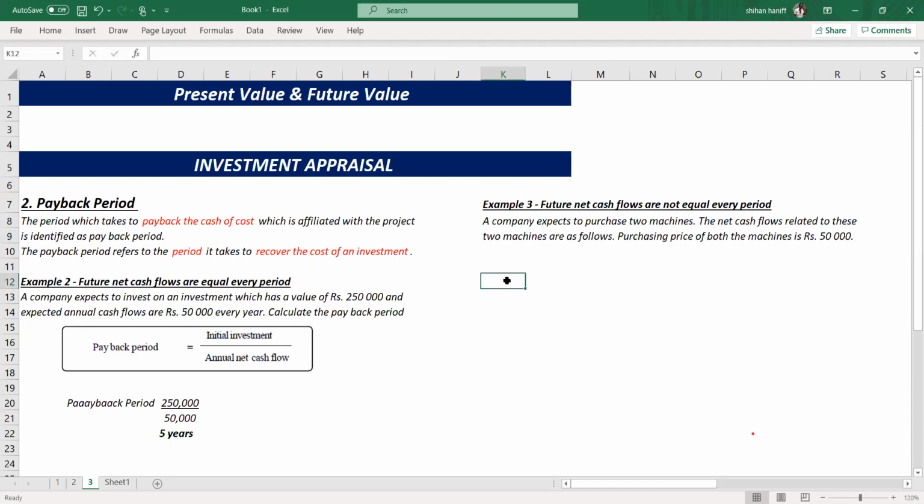A company expects to purchase 2 machines. The net cash flows related to these 2 machines are as follows. Purchasing price of both machines is 50,000.